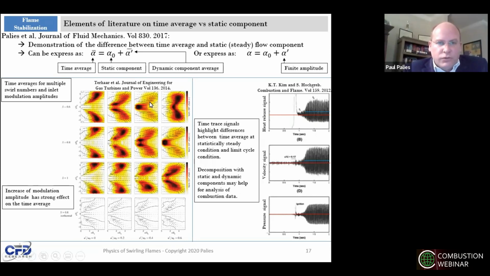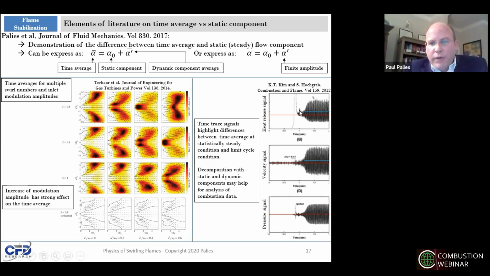And when you have strong nonlinear effect, the difference between the time average and the static component becomes significant. This has impact, and on this slide, I'm trying to show from experimental results the difference between the time average and the static component, which is also called base flow.